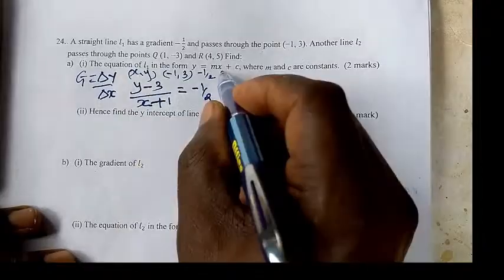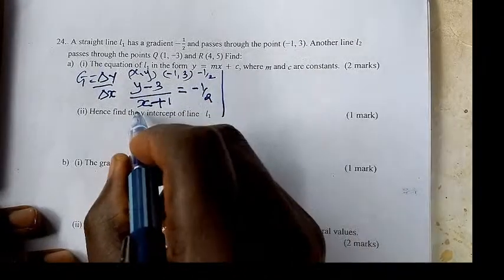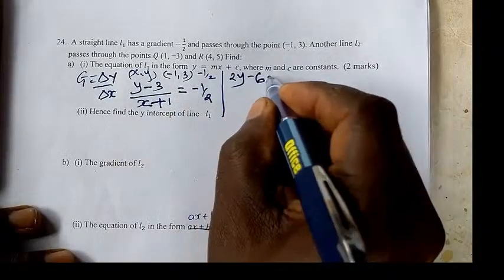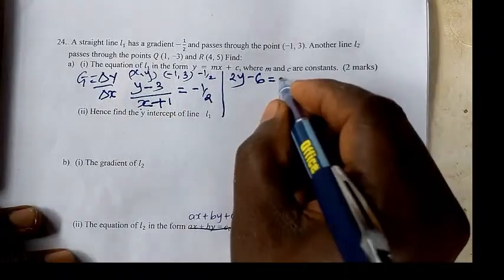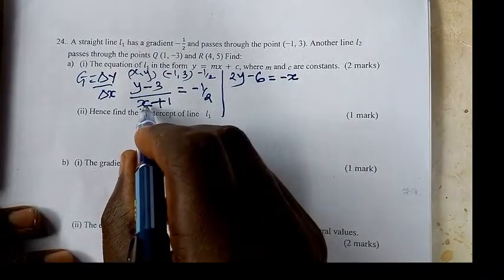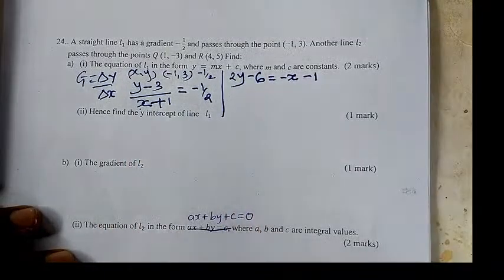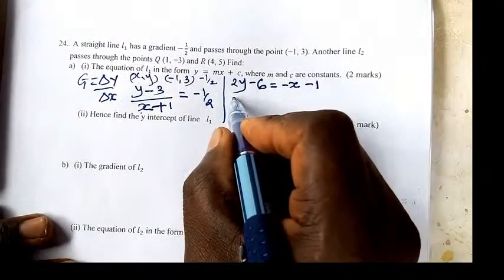So we cross multiply this and that. We are going to have 2y minus 6 is equal to, this times is going to be -x. This times is going to be -1. Right? So write 2y.